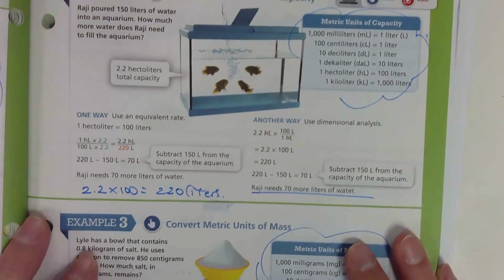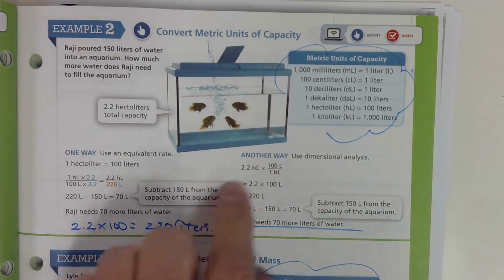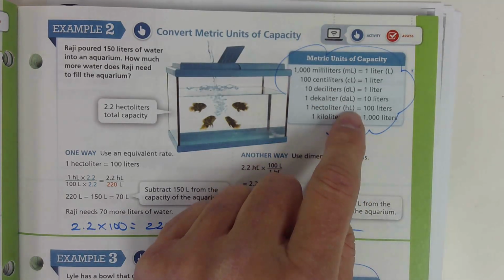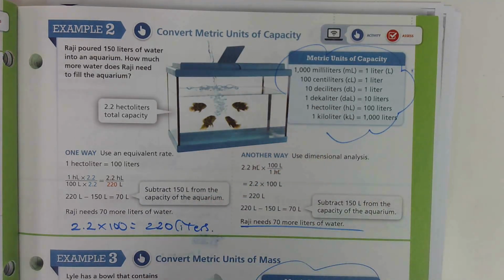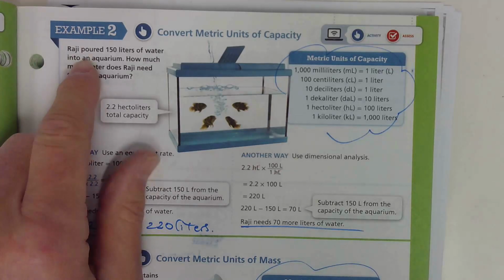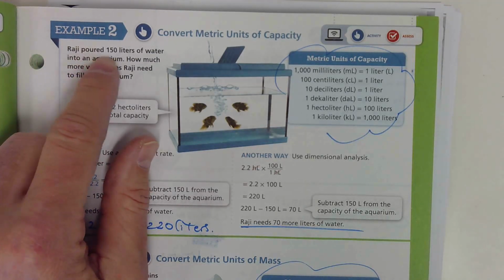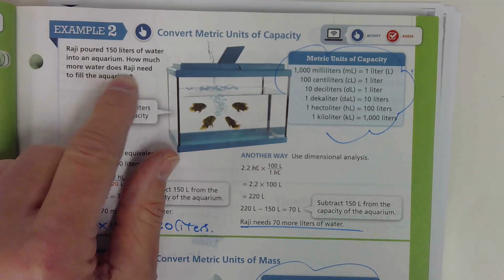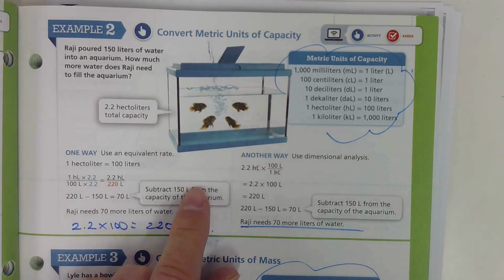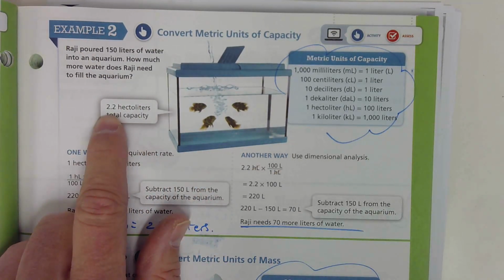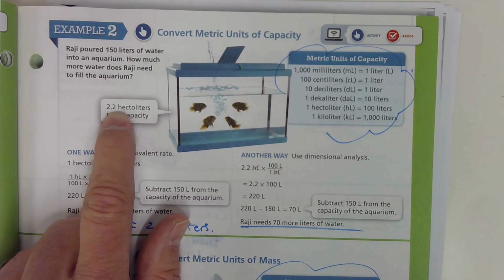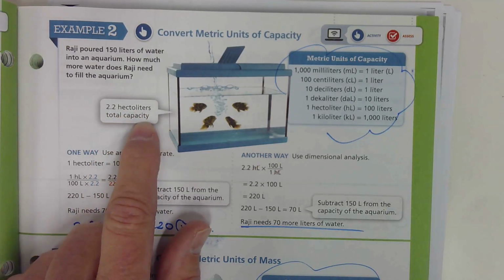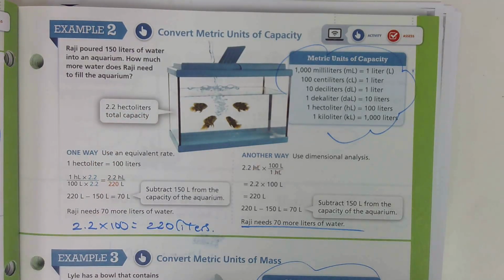Example 2. Now we're talking about units of capacity, liquids. And so Raji, if I'm saying his name right, poured 150 liters of water into an aquarium. How much more water does he need to fill the aquarium? And it looks like it's got a 2.2 hectoliter capacity. And so again, they show you a couple different ways.